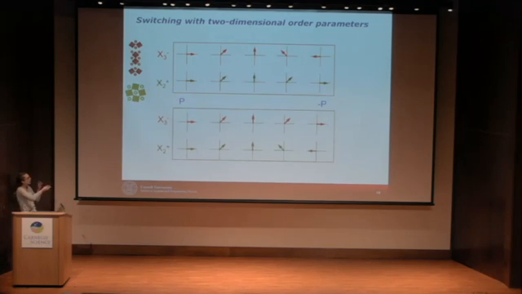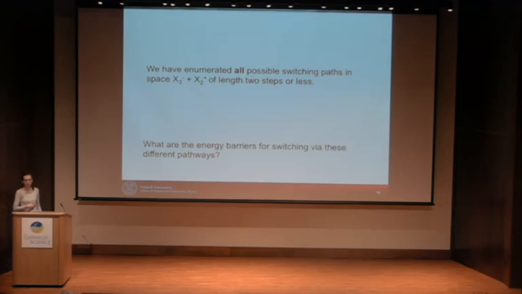So this all corresponds to real changes in the crystallographic structure. I'm just drawing an order parameter space here. And so that's it. So restricting to this space defined by these x3 and x2 order parameters, these were all of the different ways to go to this reversed polarization state in 2 steps or less.